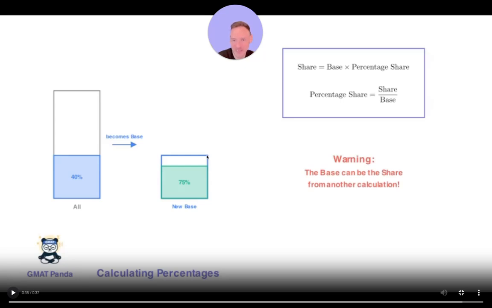So we would have the percentage share, which is in a percentage, and the base that is also in a percentage, and we would get the share, which would be, in this case, 30%. All right? So in this case, all three have a percentage at the end, so you can't just rely on the unit to identify what is what.